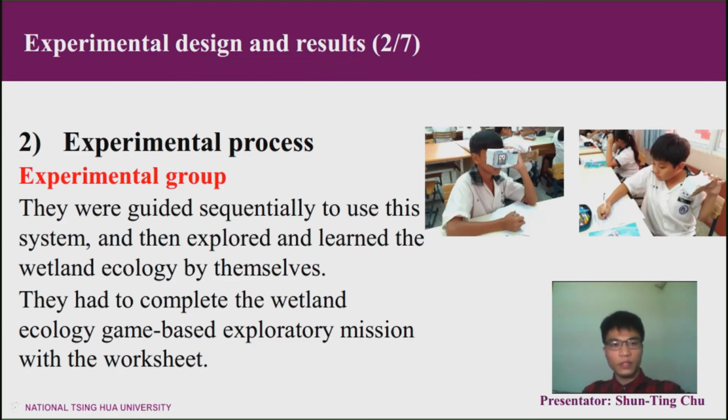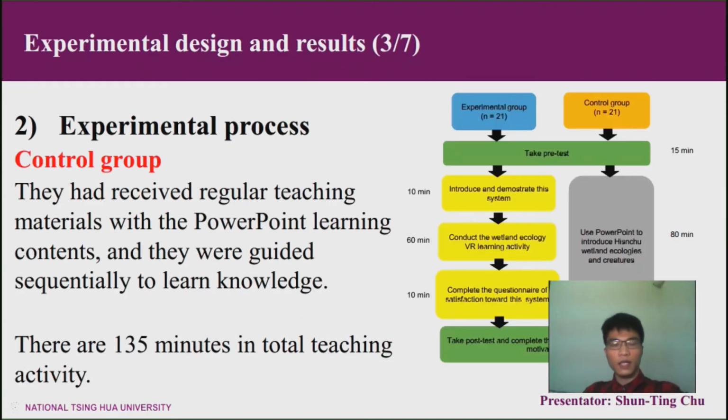Students in the experimental group were guided by questions to use this system, explore and learn the wetland ecology by themselves, and complete the wetland ecology game-based exploratory mission worksheet. On the other hand, the students in the control group received regular teaching materials with appropriate learning content.